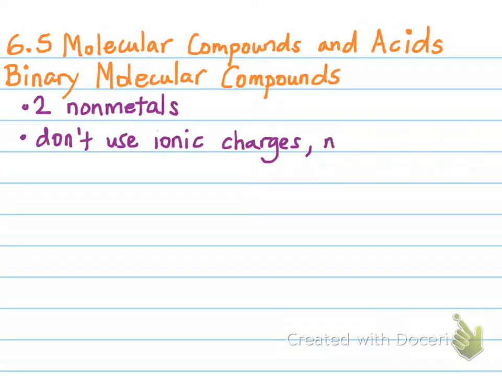We won't be looking at getting 8 valence electrons and whether we gain or lose electrons. Gaining or losing electrons, those are ionic compounds. Molecular compounds, we're going to be sharing electrons.